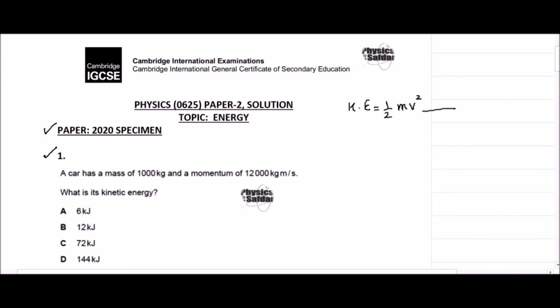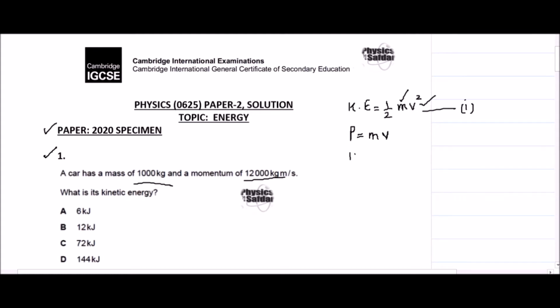If you want to calculate the kinetic energy, then you need two things, mass of the car and its velocity. Look at the question again. What do we have? We have mass, that is 1000 kg, and momentum, but we don't have velocity. So first we write the momentum. It gives the value of velocity. The momentum is equal to mass times velocity.